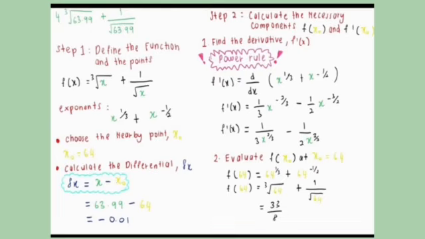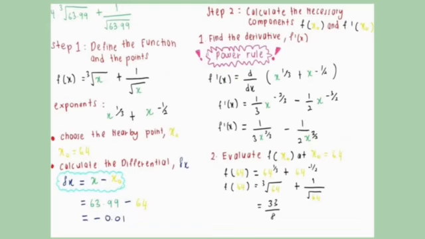We choose x0 equal to 64 since cube root of 64 equals 4 and square root of 64 equals 8. After that, we need to calculate the differential. The formula for the differential is x minus x0. x is 63.99 minus x0, which is 64. We get negative 0.01.